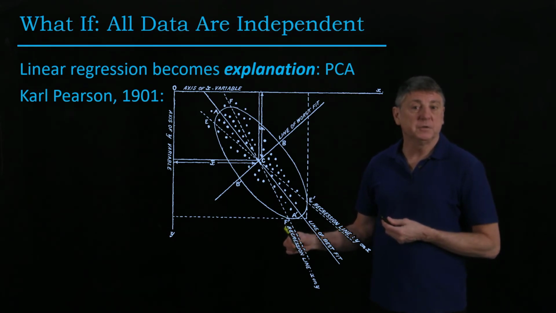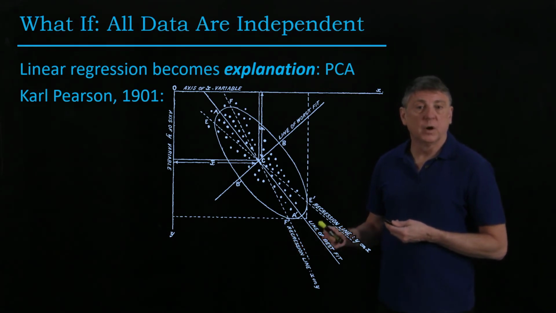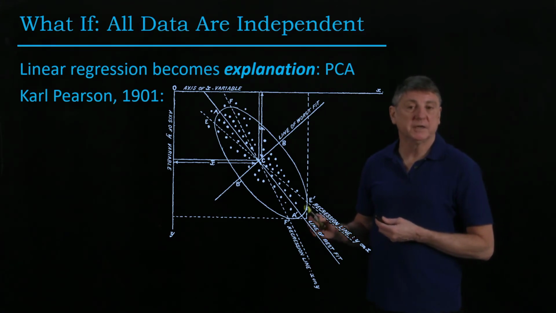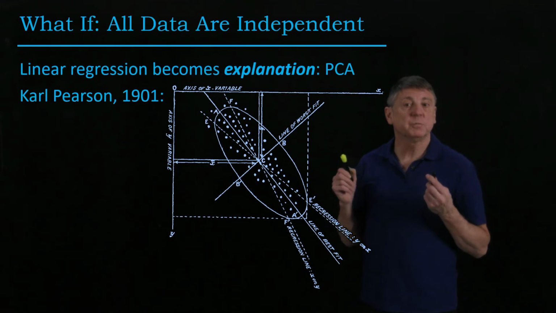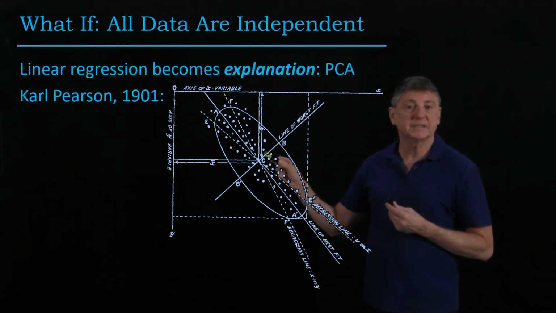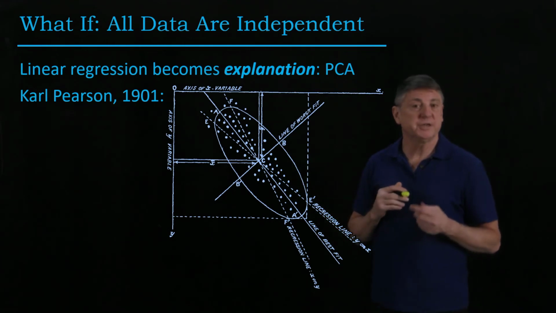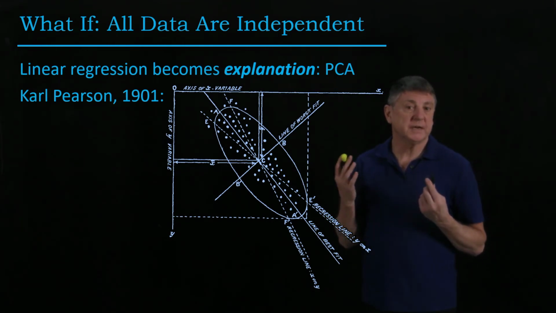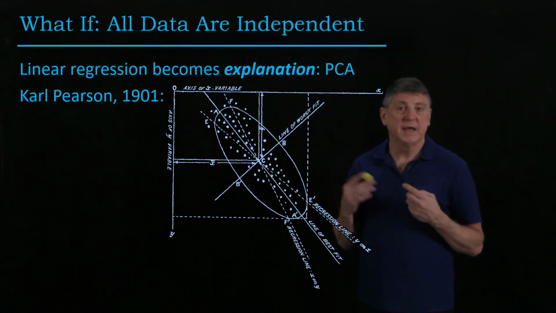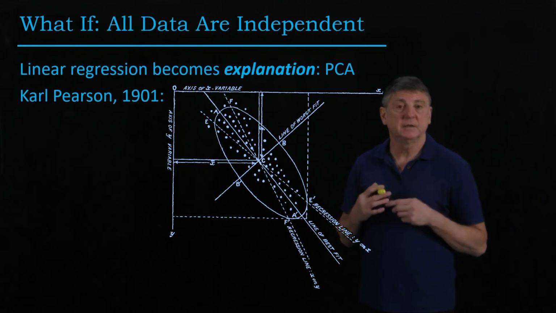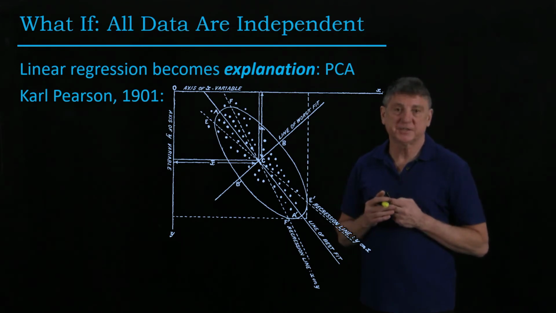What Pearson proposed instead was a line of mutual regression, which is principal components analysis. And he wants to do all of the analysis around C, which he calls the centroid, and we would call the mean of the data. So these ideas date back to Karl Pearson, and it took a long time for people to fully understand the implications of his suggestions.